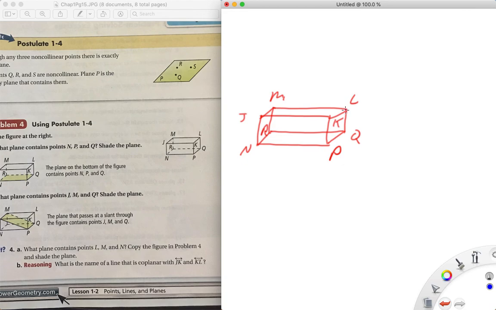So they kind of form sort of a diagonal. So it would be this one right here. Right, so this would be a diagonal cutting across here. And it would be plane, these three, so M, L, P, and N. That would be the plane, if I was to draw it, that contains that particular figure.